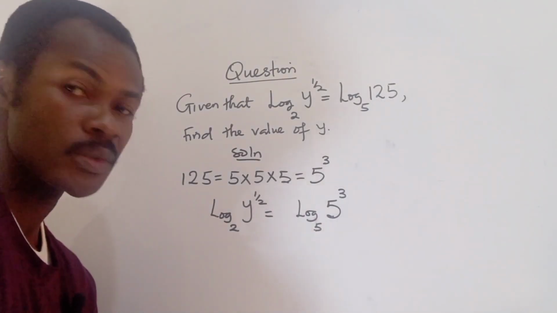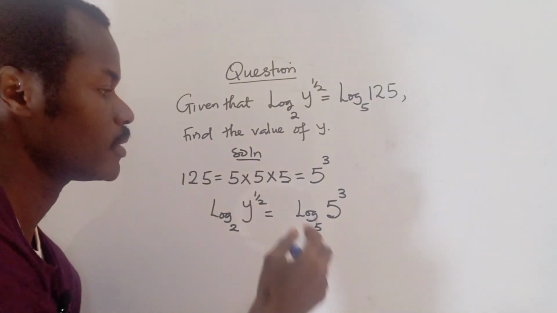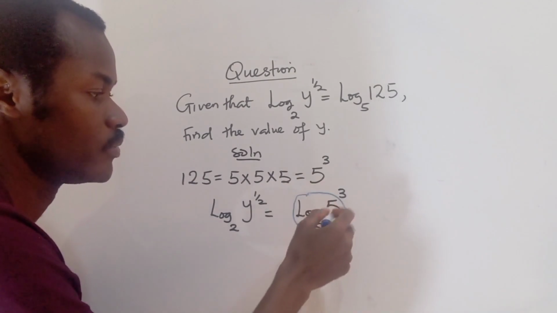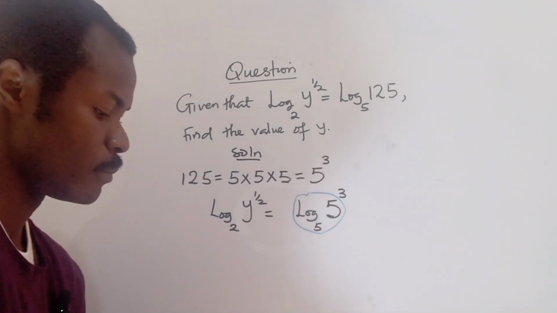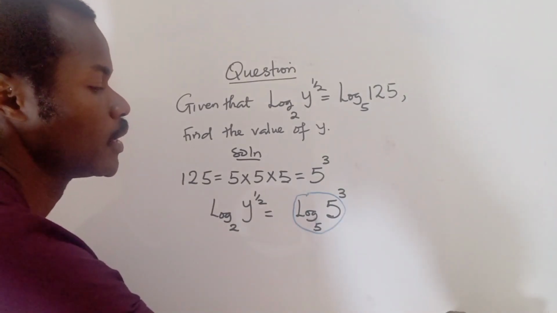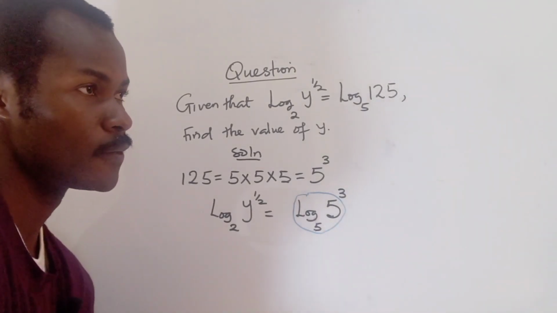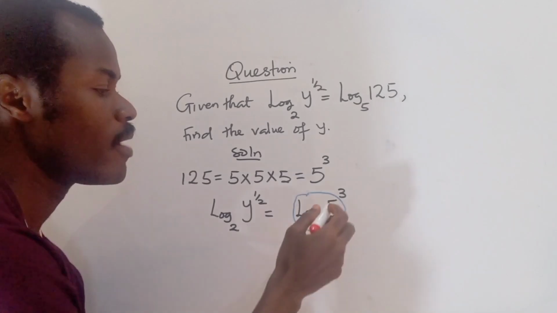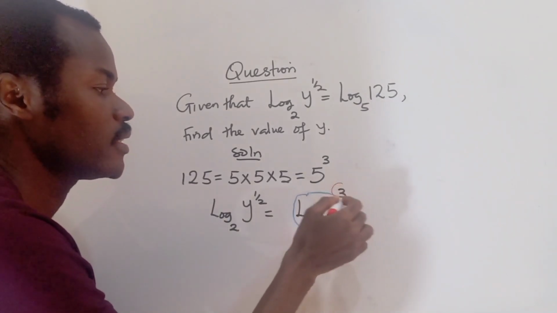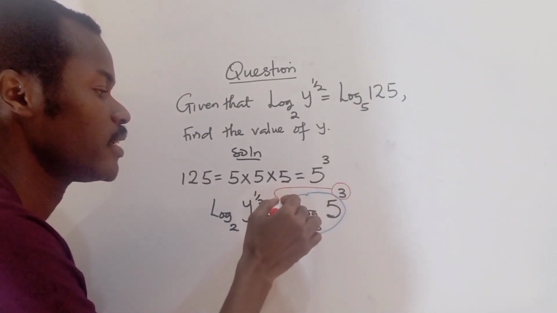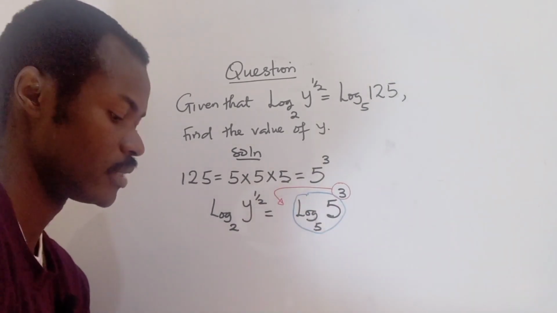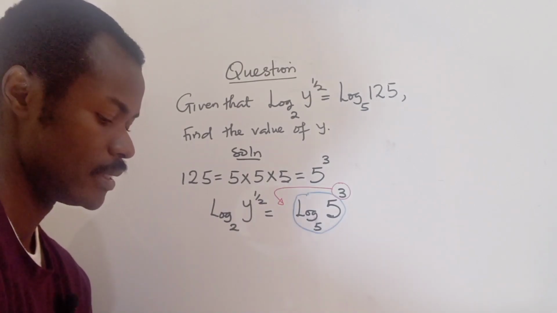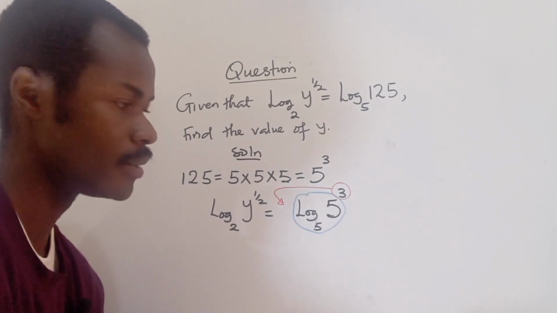Before we do that, we have a law such that if we have a power here, we can bring this power down to multiply the log. We call that the power of number law.